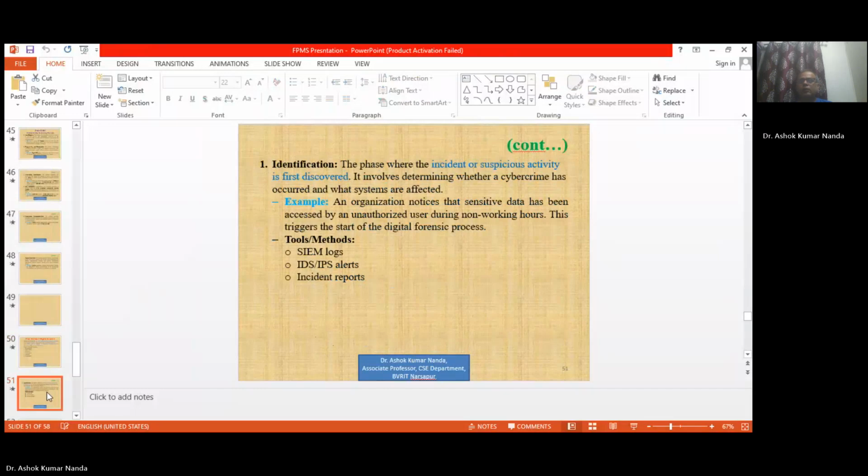suppose our college is closed at 4 o'clock. A few students, or one or two faculties, access our most important documents, online documents, or examination website portals, or something else, which is not essential, during the non-working hours, after 4 p.m. till next day morning 9 o'clock.